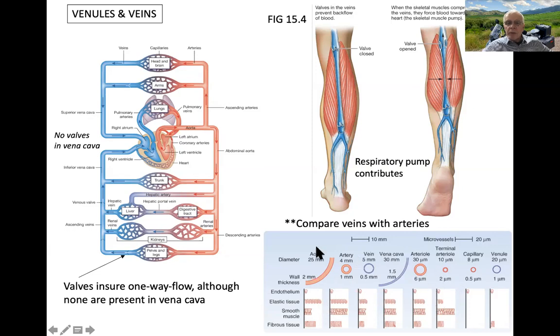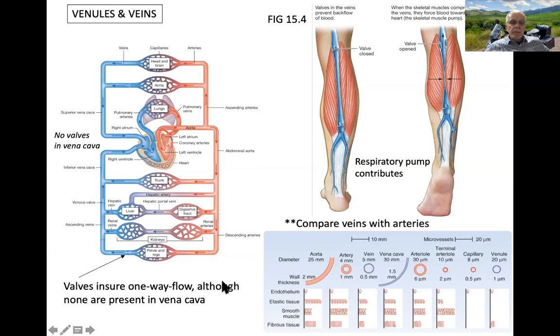Again, the elastic tissue, big time in the aorta, the arteries, much less in the veins, a little more in the vena cava, some in the arterioles, terminal arterioles, although again, the take-home point in these terminal arterioles, lots of smooth muscle, but not much else. Just enough connective tissue and elastic tissue to hold things together. Okay? So again, you want to study the relative contribution that the muscle and the elastic tissue makes to each of these types of vessels.